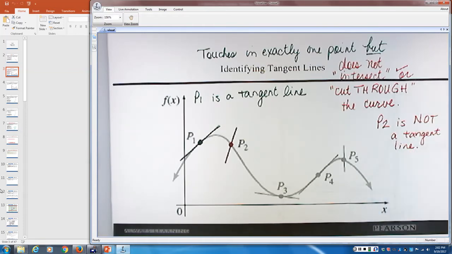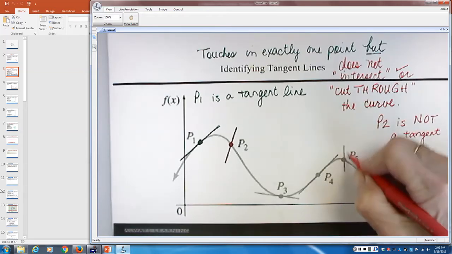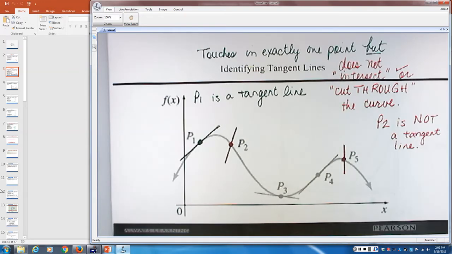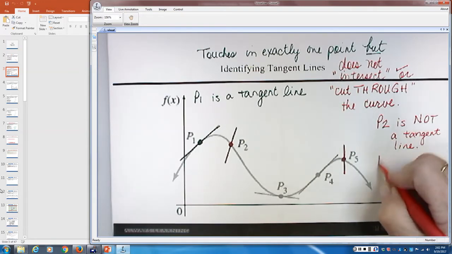In fact, in geometry, P2 would be called a bisector. It cuts it into two pieces. Bi means two and sector means pieces. And for the same reason then, P5 here is not a tangent line.